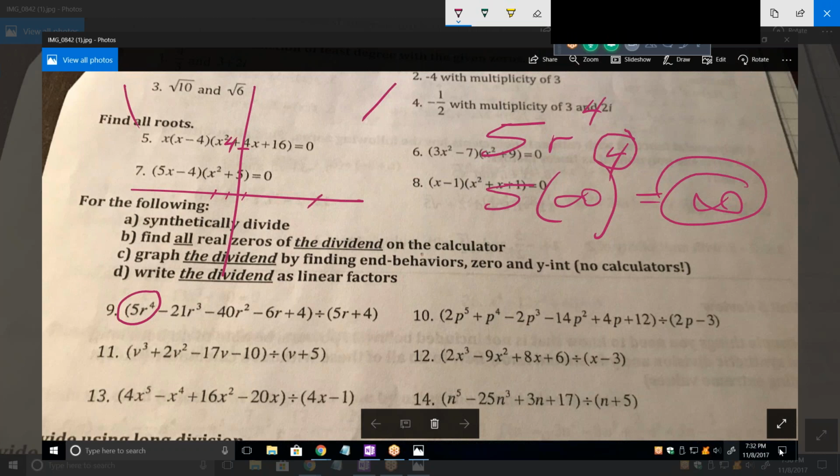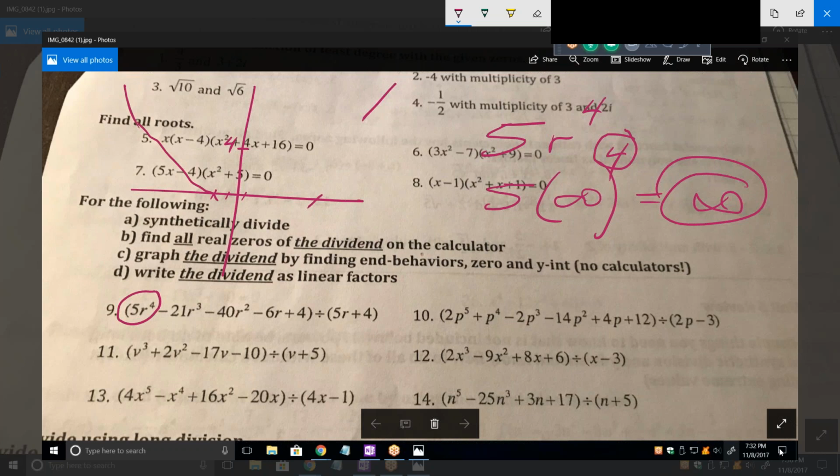But each of these zeros had multiplicity of 1, correct? In other words, we didn't have any zeros that had a multiplicity higher than 1. When a function has multiplicity of 1, it means it goes through the zero on the x-axis. So this has to go through that to the other side.